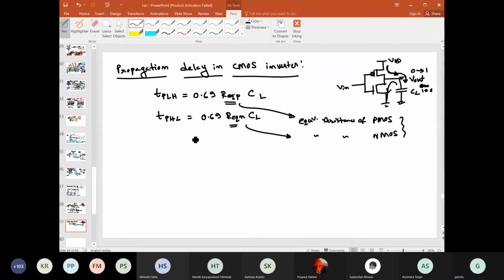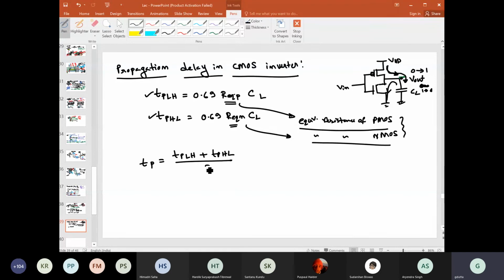Now, if we are able to calculate these two, then we should be able to find these two terms, right? We have defined the propagation delay in terms of TPLH plus TPHL by 2 for this inverter.